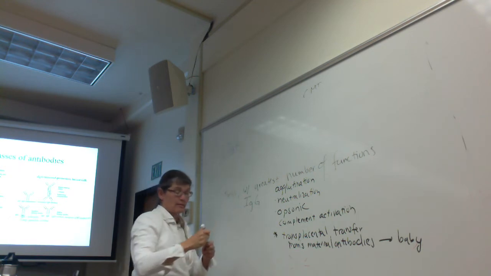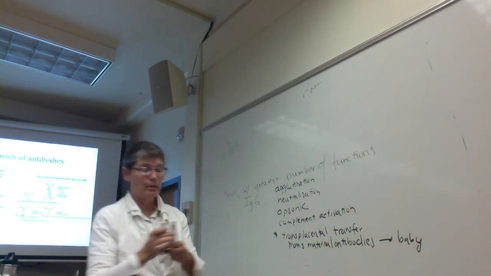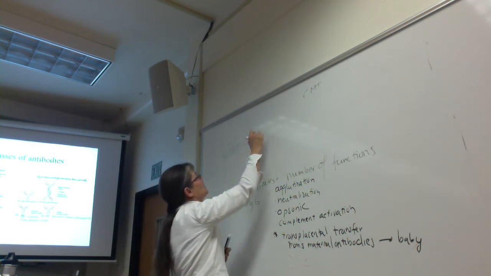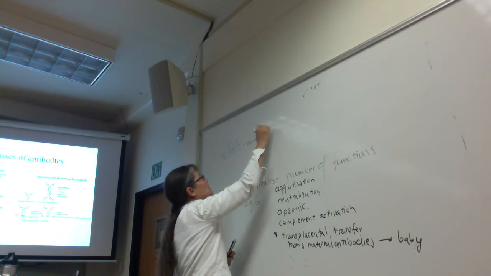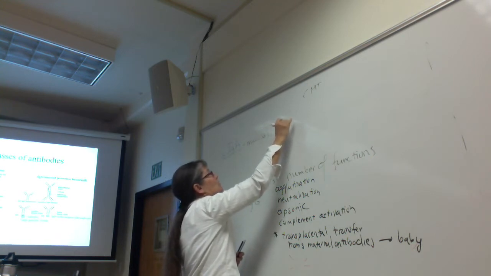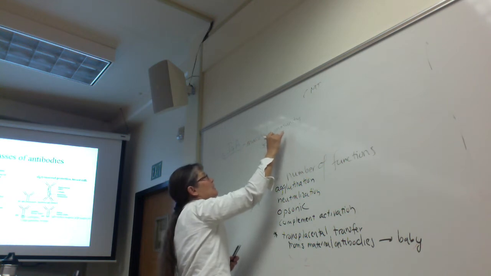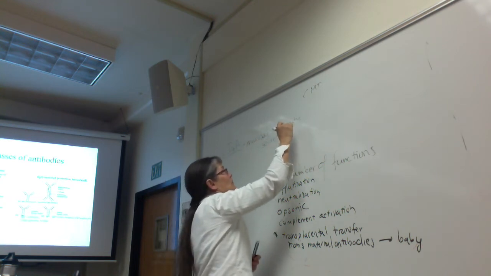We think of secretory IgA as being really crucial in mucosal, can I spell mucosal? Probably not. Mucosal immunity. Because it's secreted by the epithelial cells of the mucous membrane.